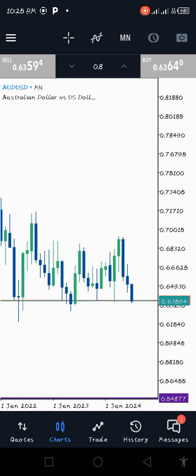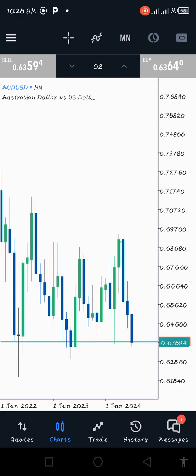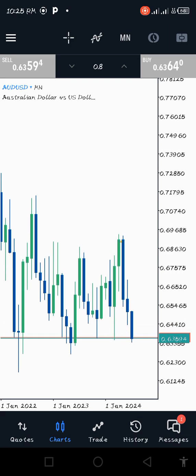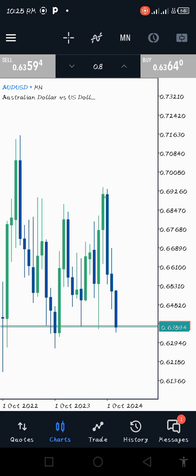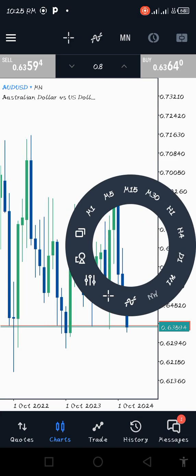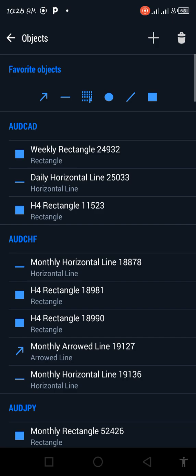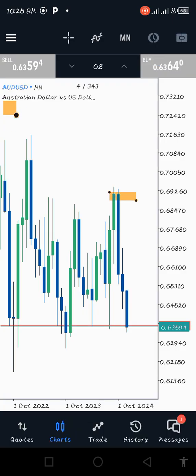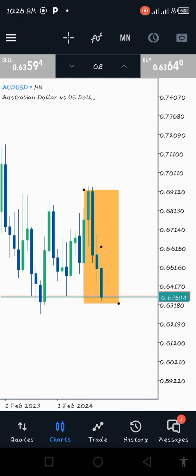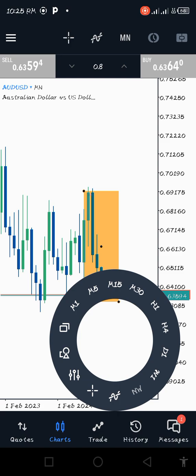If we analyze the latest data on AUD/USD, we are selecting the last 3 to 4 months. AUD/USD has been selling. How do we understand that? We select the last 3 to 4 months and put our edited fib, that is from down to top.